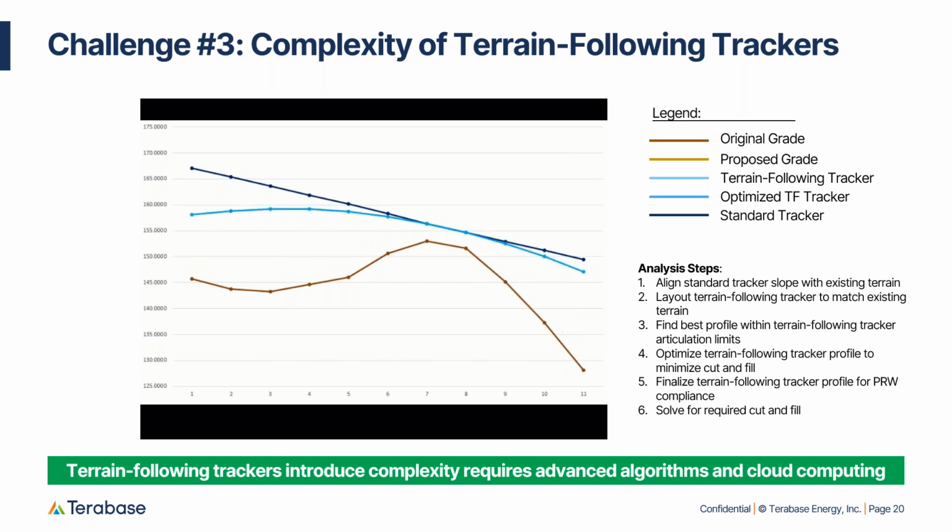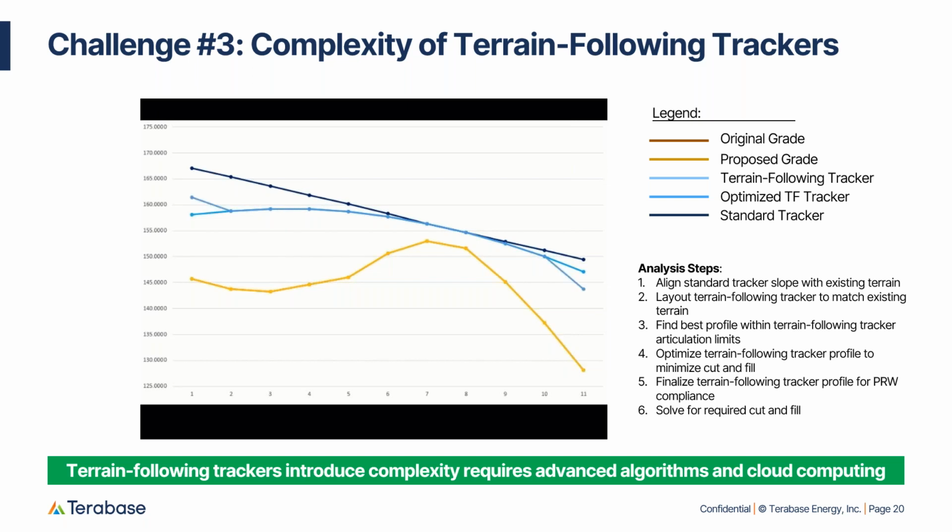Dark blue line represents what a standard tracker profile might be. And the 2 light blue lines represent what our real challenge of the terrain following design is, and that's iteration. So you start to lay out the tracker using the parameters that you've decided on, and then you iterate, and you do that over and over and over, but you don't know if you're really optimizing the site or optimizing the earthwork.